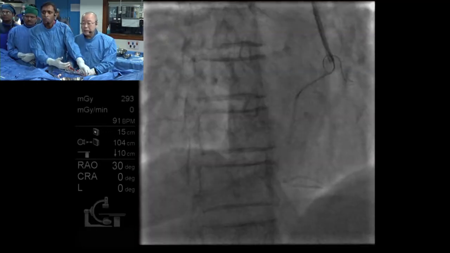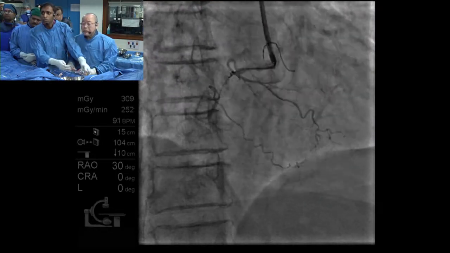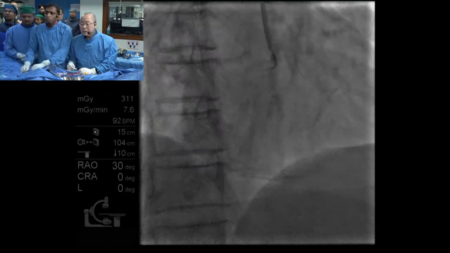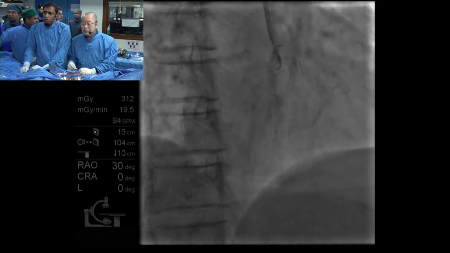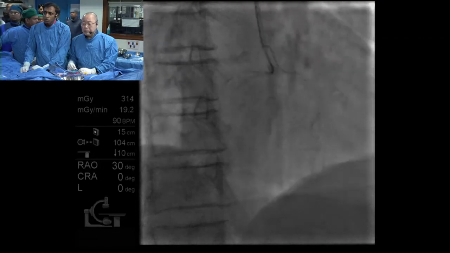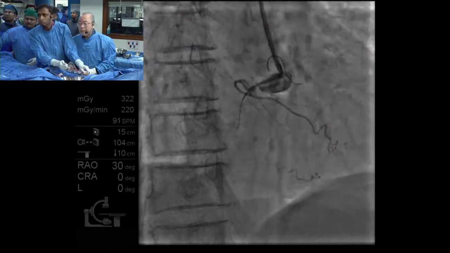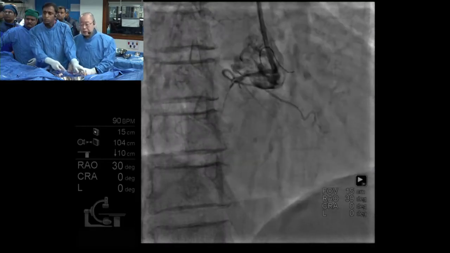I don't know. Yeah. Would you worry the hematoma will develop soon, Dr. Saito? Hematoma, yes. Okay. Difficult.